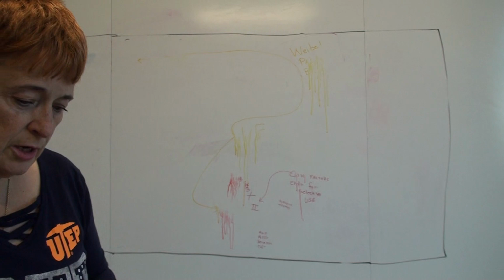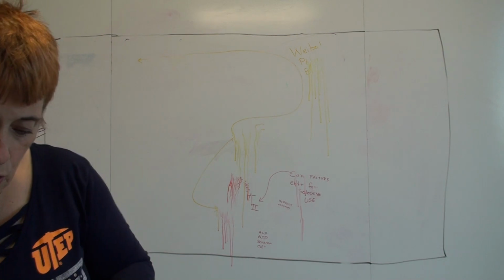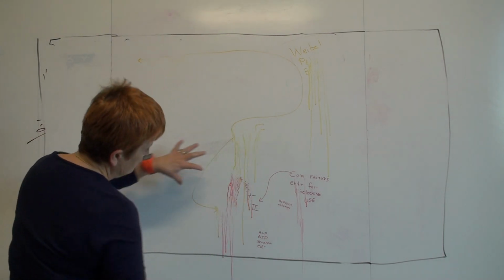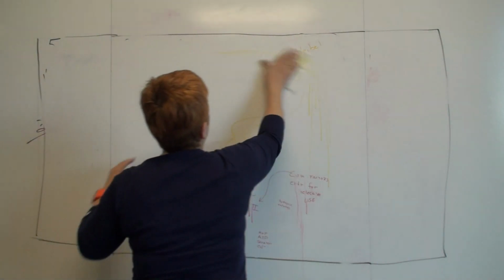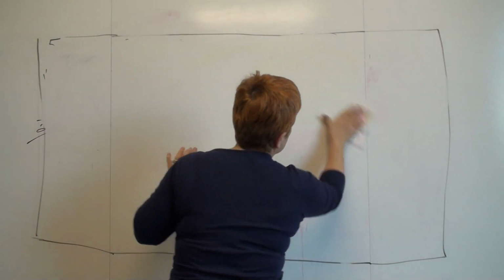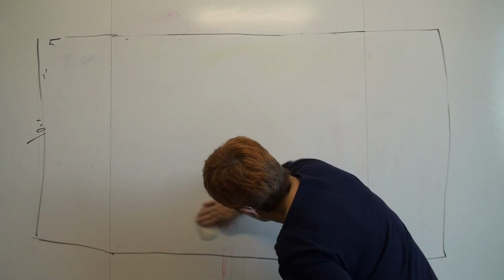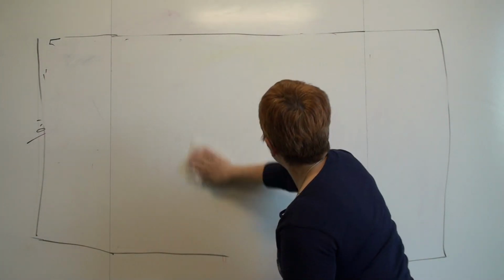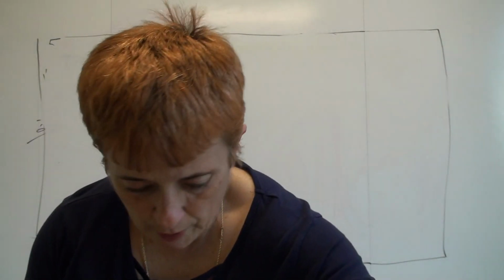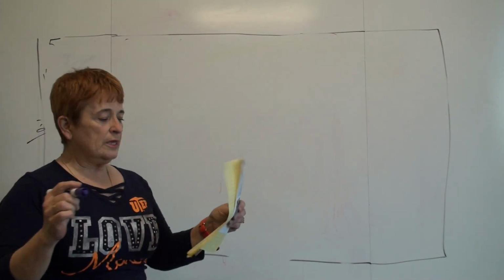So what I'm going to be talking about next is the natural inhibitors to platelets. Natural inhibitors to, oh, it looks like it's bleeding. Okay. Oh, I did that last time too. Sprayed too much. Okay, so there are natural inhibitors.